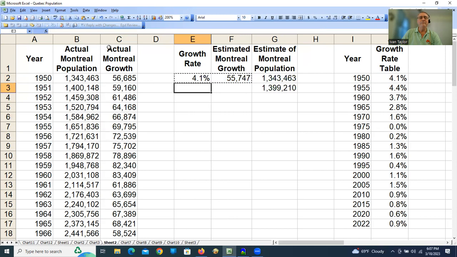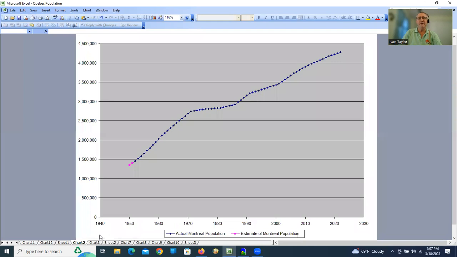Now, what I'm trying to do is get a good match between the data and the model. So here is the actual data on the population of Montreal in blue, and I want to get this pink line, the estimate of the population, to match the current population or the past population.